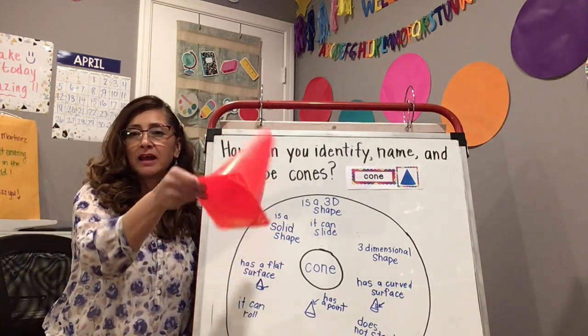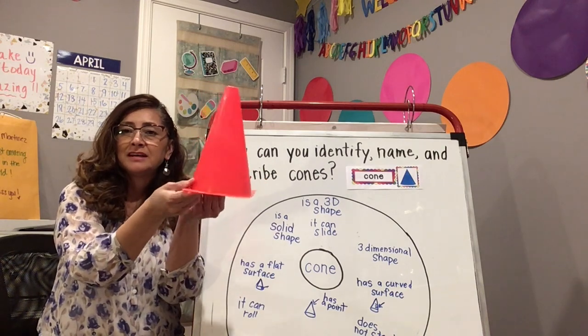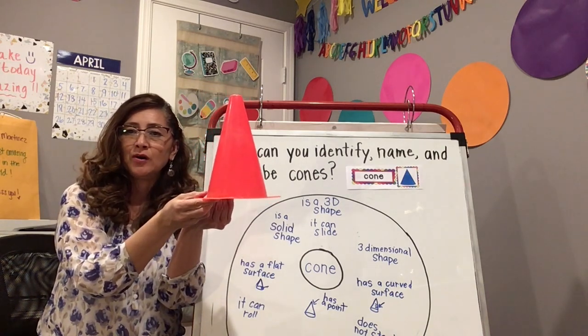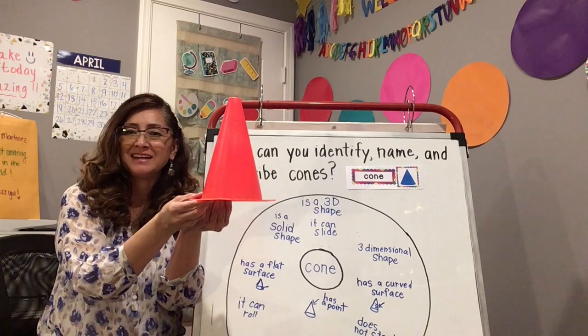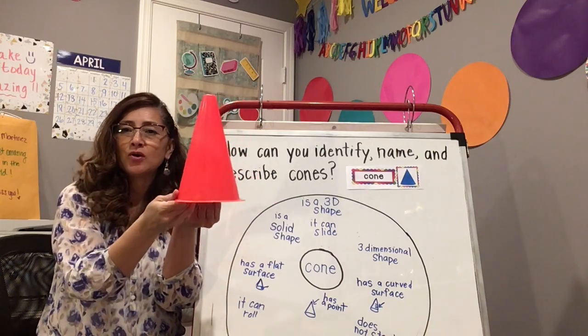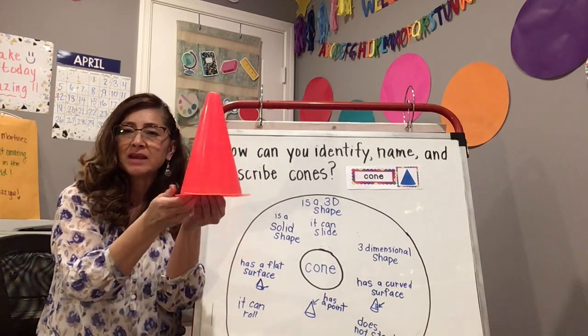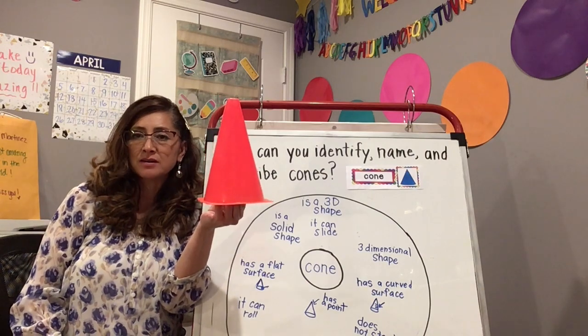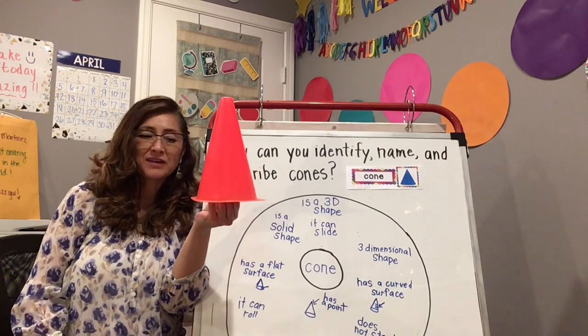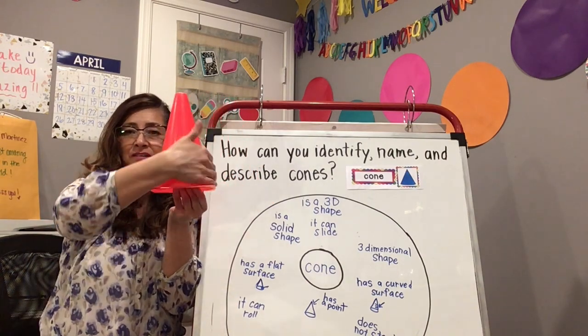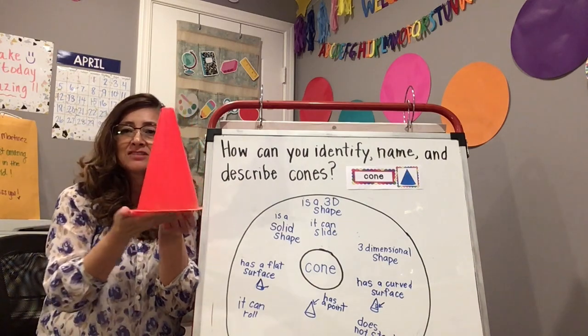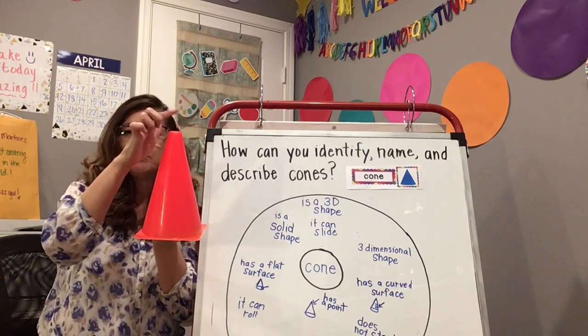Is this shaped like a cone? Yes, that's right. This is a traffic cone. And yes, it is shaped like a cone. How do you know it's a cone? That's right. It has a curved surface and a flat surface and a point.